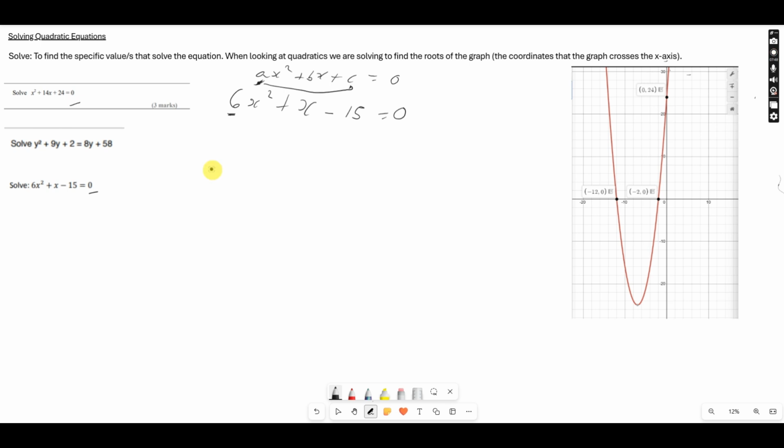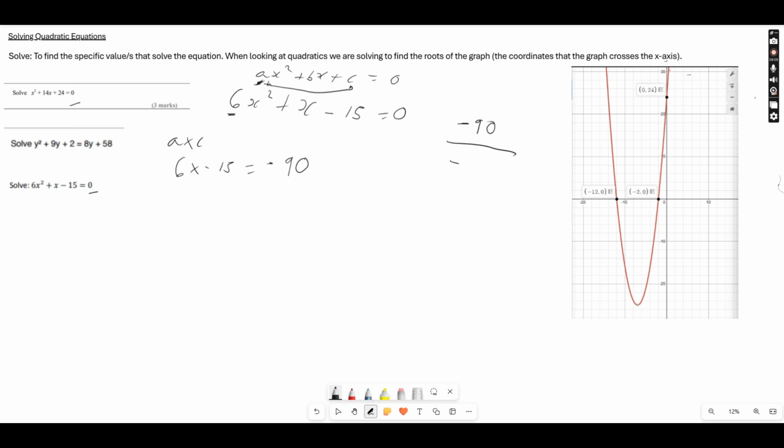So a times c, which is 6 times minus 15, gets us minus 90.